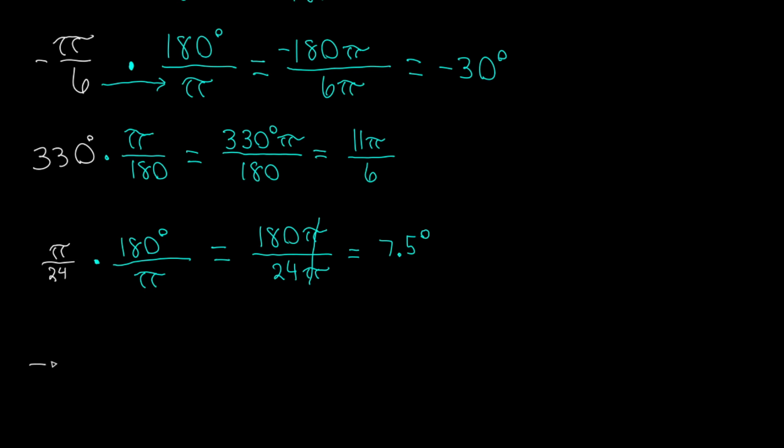What if we're given negative 15 degrees? This will be our last one. And we want to convert it to radians. Multiply it by what we want, radians, over what we want to get rid of, our degrees per radian. We get negative 15 pi over 180.